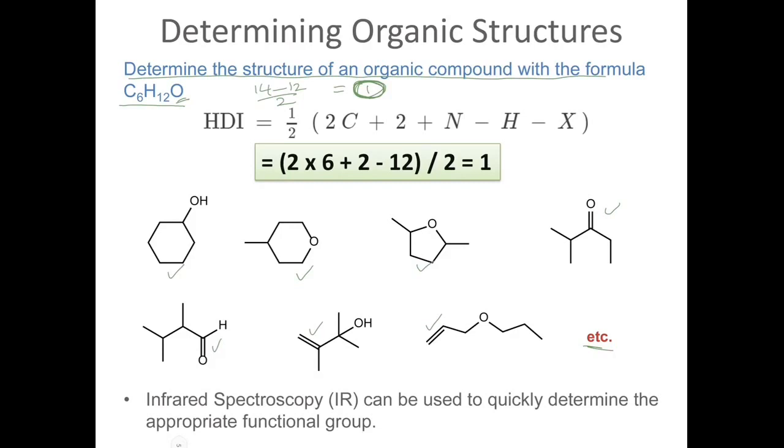So we need to accompany this using other strategies as well. The other strategy that we could use to limit the direction we're heading in is infrared spectroscopy, which can help us to quickly determine the appropriate functional group.